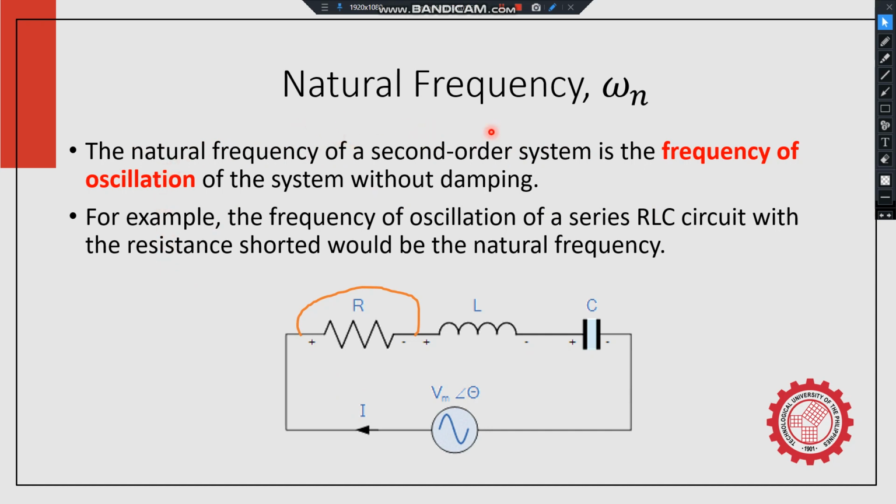Let's talk about the natural frequency. The natural frequency of the second order system is the frequency of oscillation of the system without damping.